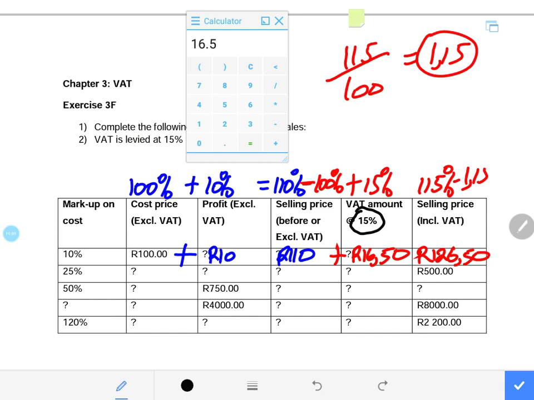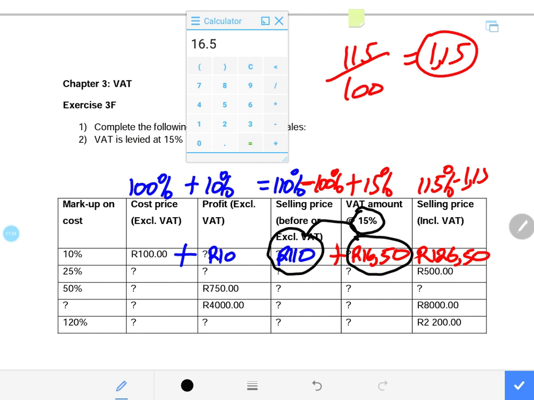Remember, once again, when we calculate this from the 110, we use a different calculation. We say 110 times by 15 over 100, or 0.15. When we're calculating the VAT amount, we just say 110 times by 15%, it gave us 16 rand 50 cents, because we are calculating 15% of 110.